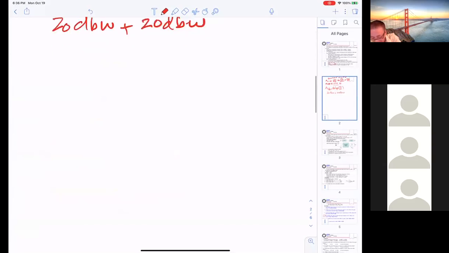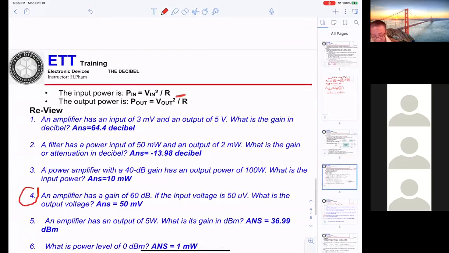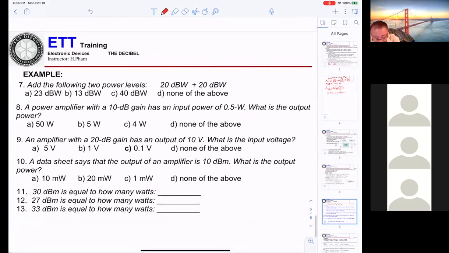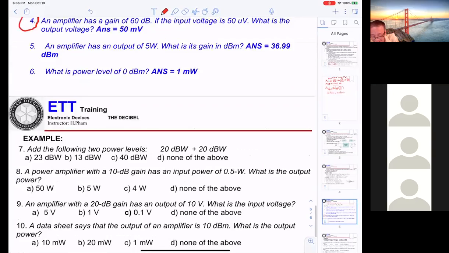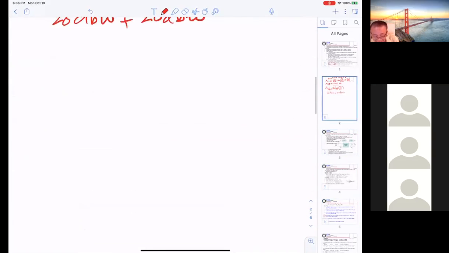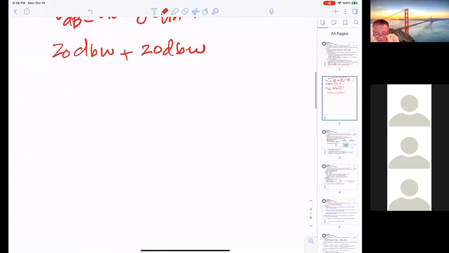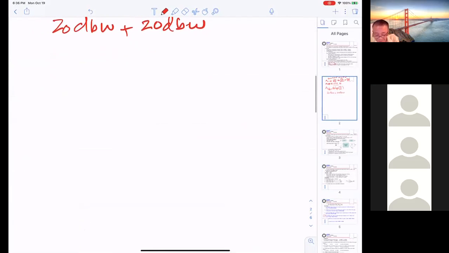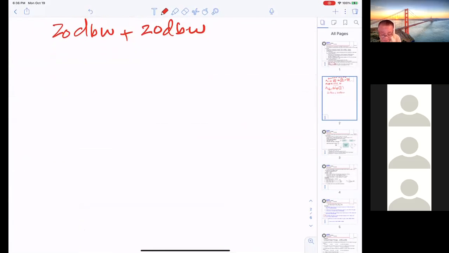Okay, let's see the answer. In here, they get 23 dB watt. However, again, I try to go through this with you. So first thing you change that dB watt to watt.